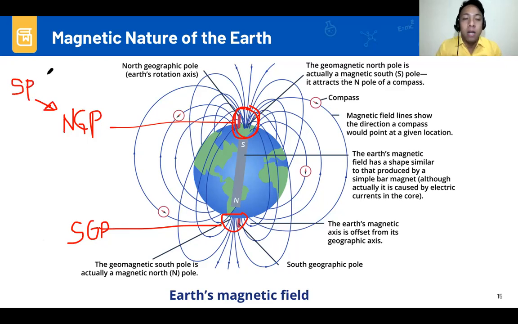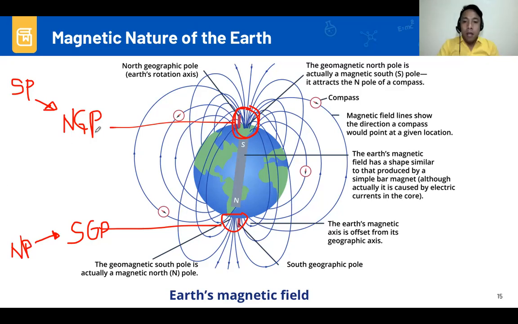And then of course, since they are opposite to each other, this is now the North Pole. So hindi parehas yung magnetic poles ng ating planet sa magnet. Yung north pole natin sa Earth is actually the south pole of the magnet. Yung south pole ng ating Earth or planet is actually the north pole of the magnet.